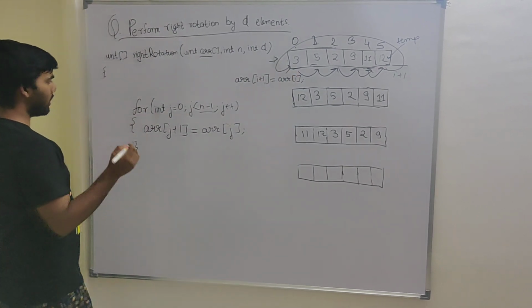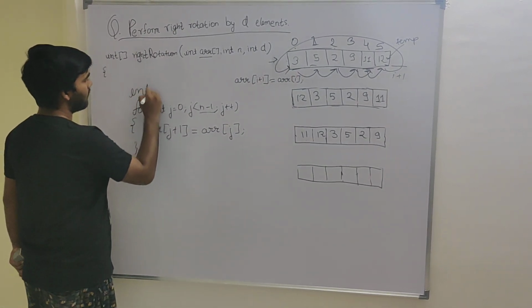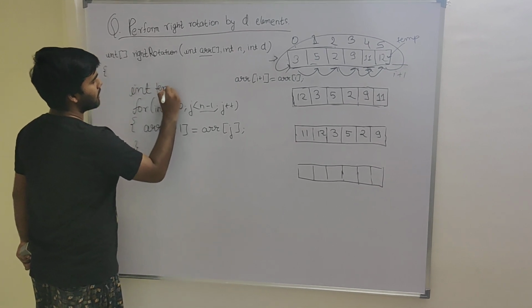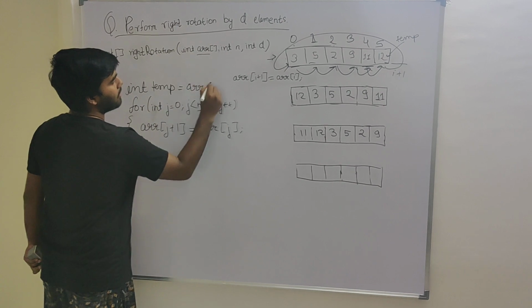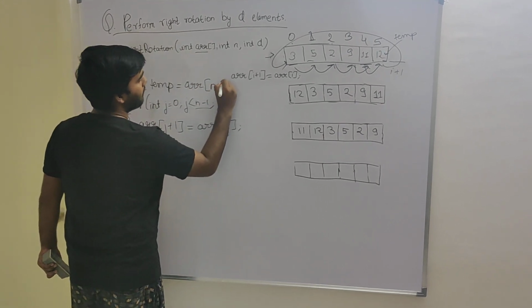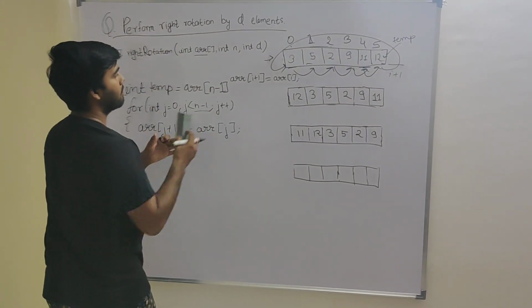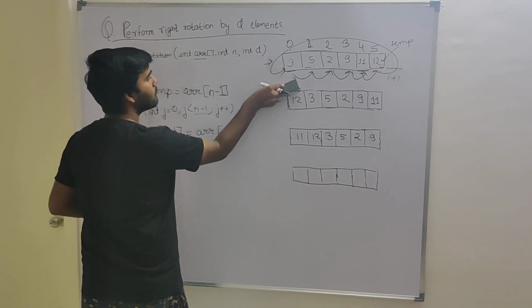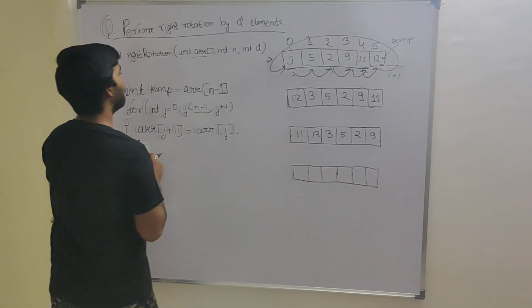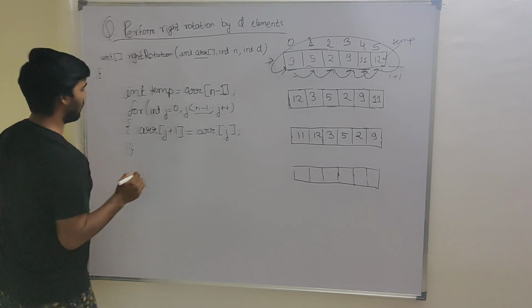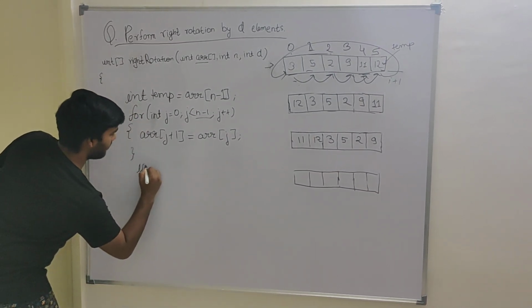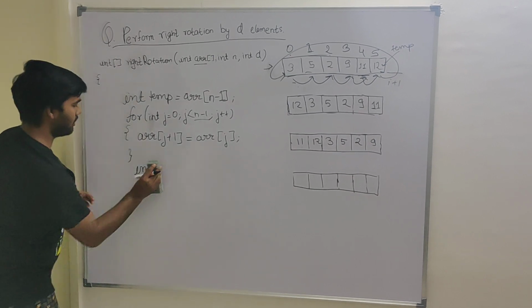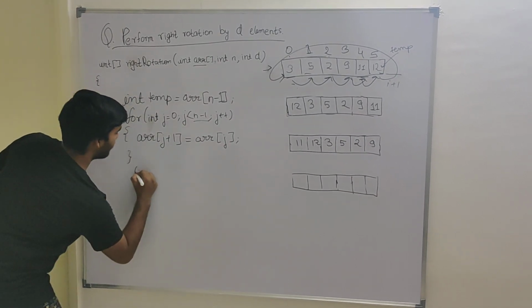So what we are going to do is first create a temporary variable and store the element at the last position in the temporary variable. After this loop executes, we simply replace the first element by that temporary variable.